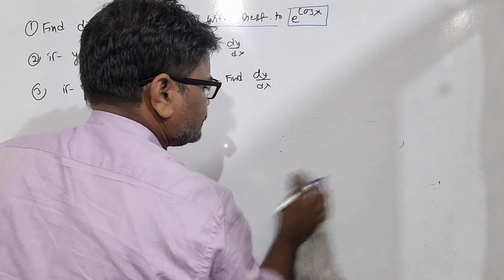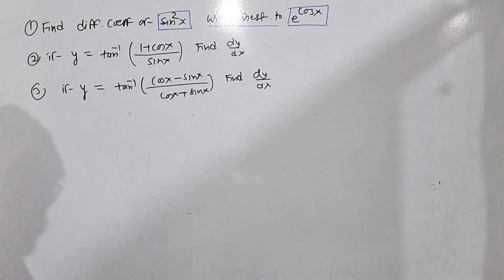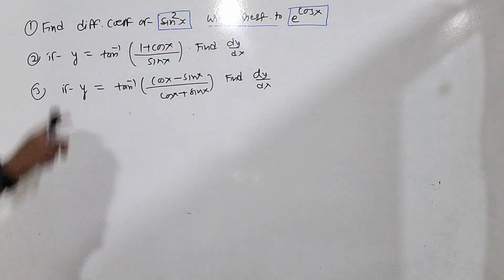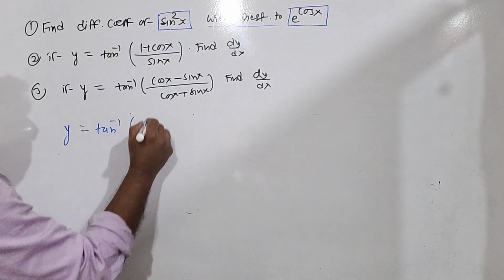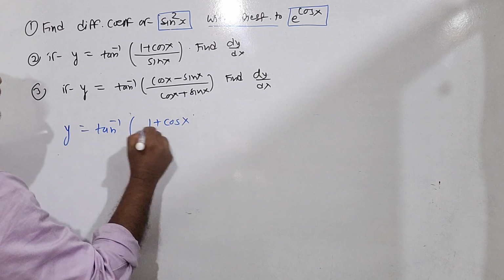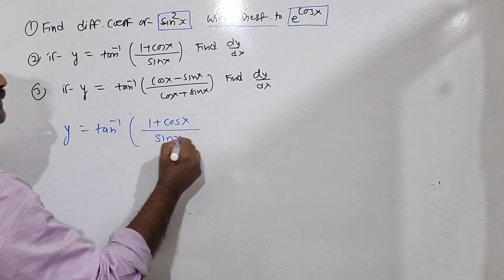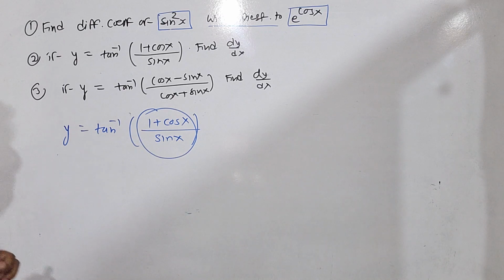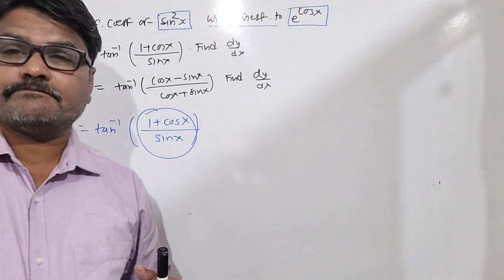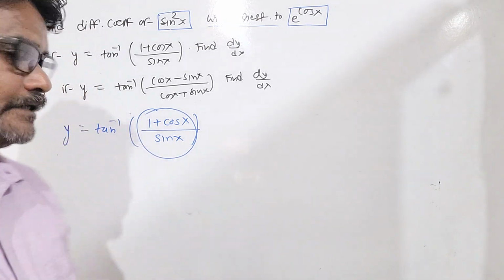Now come to the second one, inverse trigonometry. So if y is tan inverse of (1 plus cos x) by sin x. So first of all simplify this and bring this as a tan of some input, right?